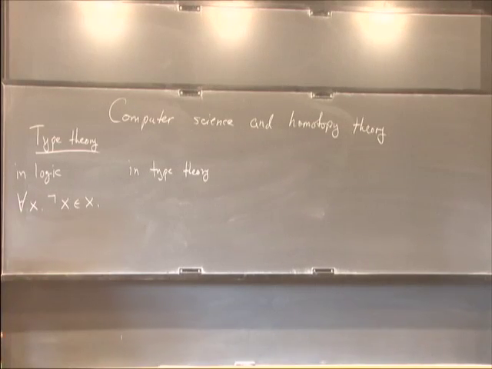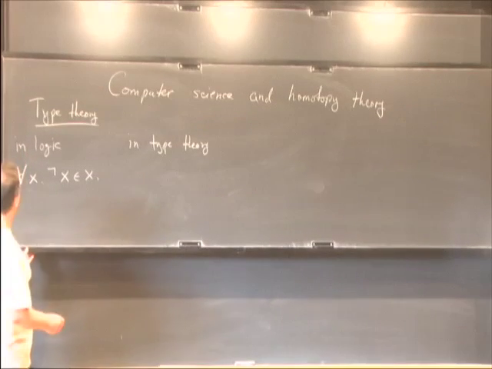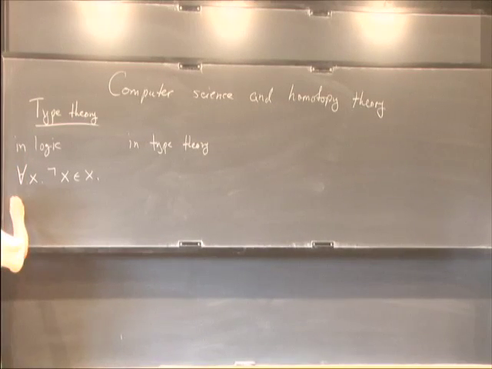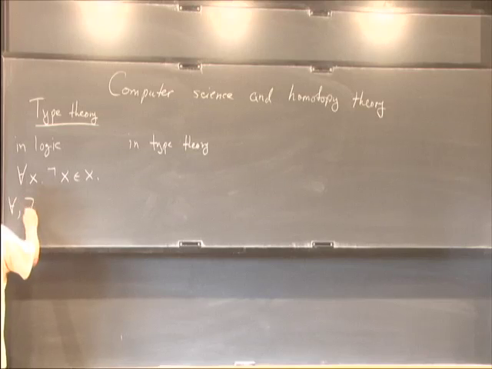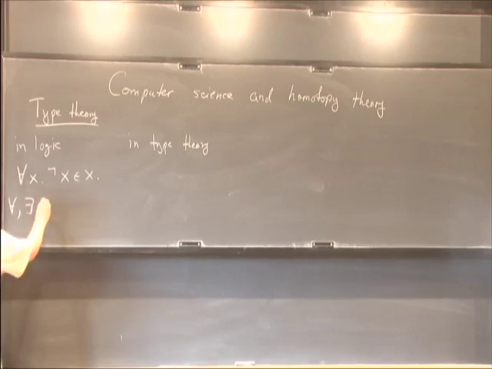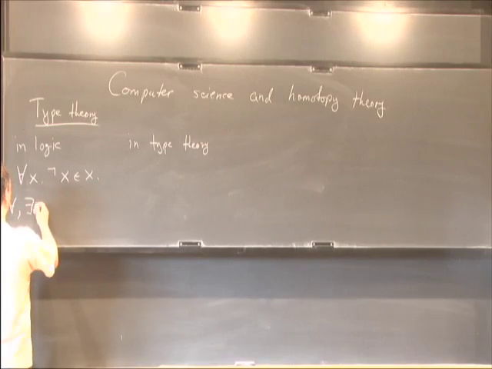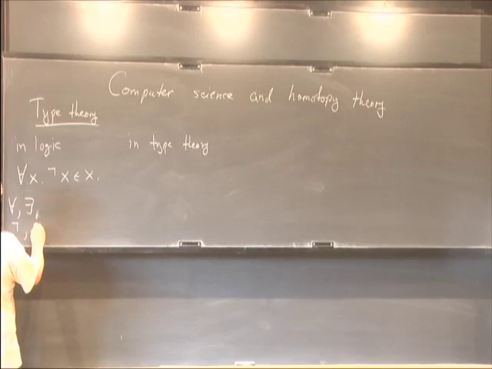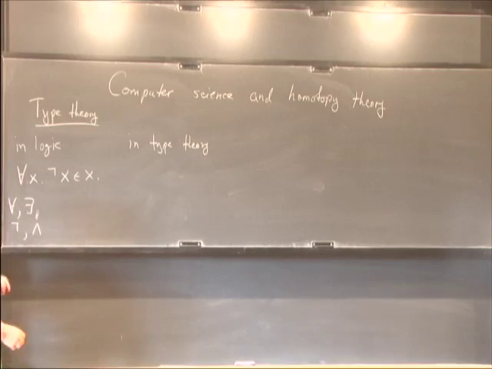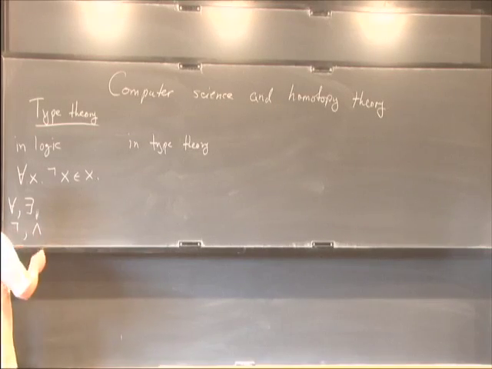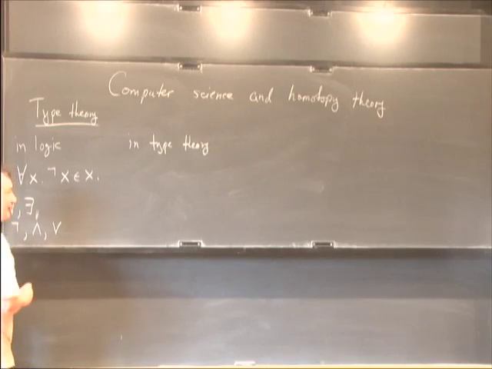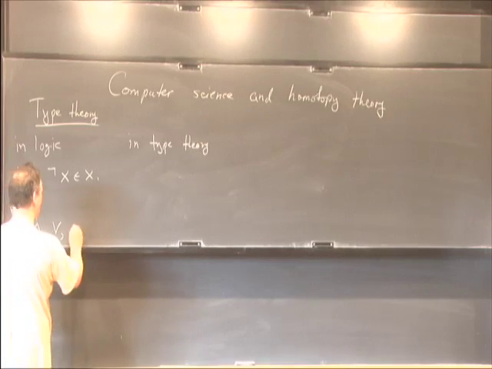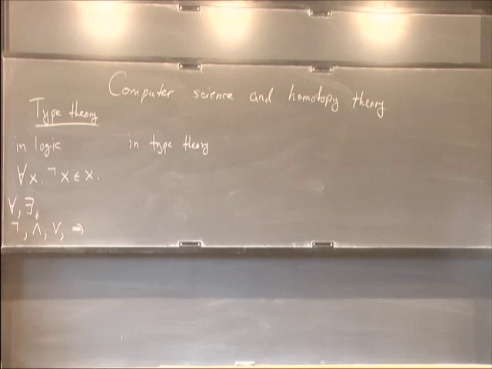So set theory is a theory where one can use the standard logical operations, which would be for all, exists, not, and, or, and let's see what else we have. We have also implies, which we can express through the others.